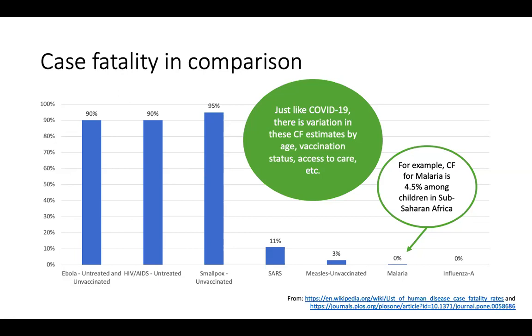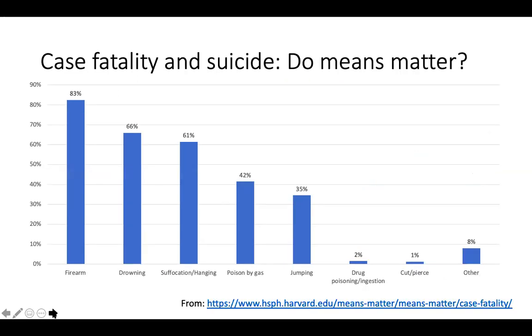However, this paper I linked to below shows that for youth who are infected in sub-Saharan Africa, the case fatality from malaria is as high as 4.5%. So again, think of these as averages, but averages don't necessarily give you the full story of how lethal or how fatal some of these diseases or infections may be.